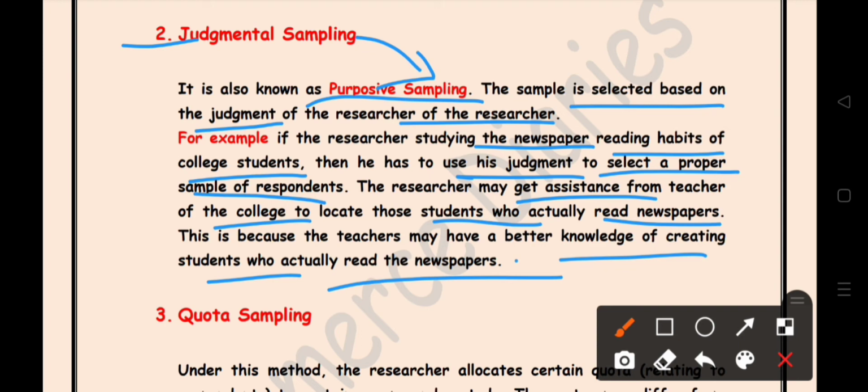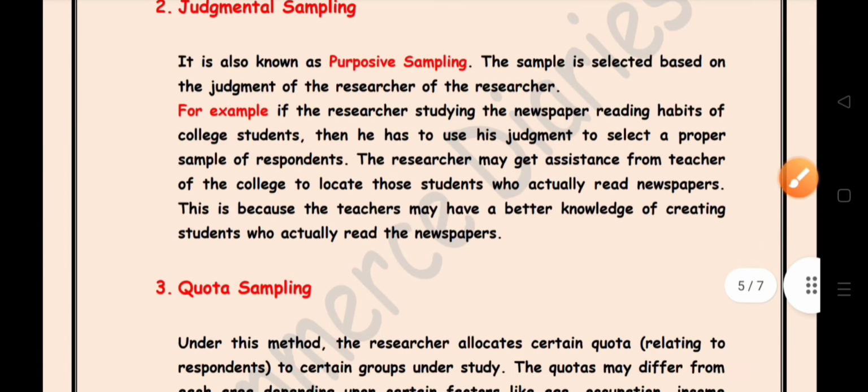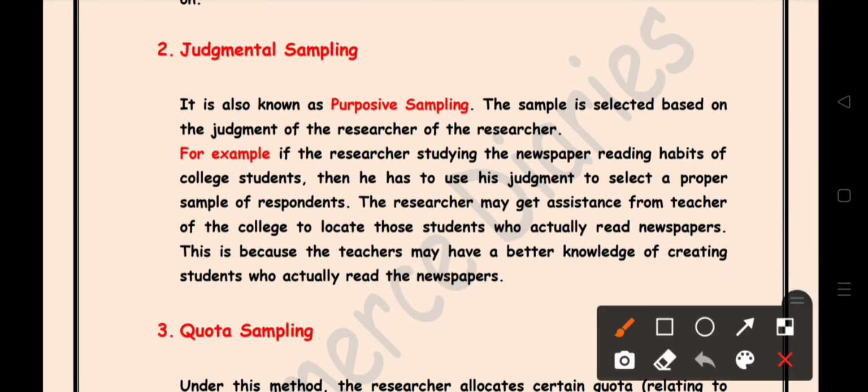As in this example, the researcher wants to study the newspaper reading habit of college students. So in this case, he will use his judgment to select a proper sample, and on the basis of his judgment, first he will select a particular faculty member or teacher from that college who already knows about the students and their reading habits.